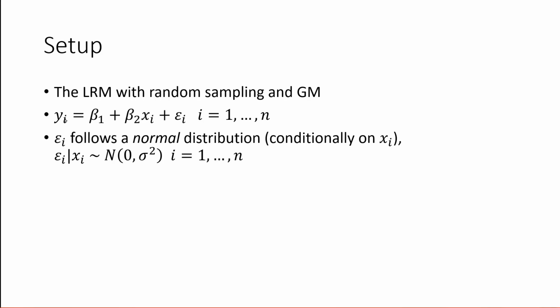Thinking about a particular example, suppose that yi is the income and xi is the number of years of schooling. If beta 2 is equal to 0, it says that the number of years of schooling will not change the conditional expected income. A person with 5 years of schooling would expect to have the same salary or income as a person with 15 years of schooling if the null hypothesis is true.